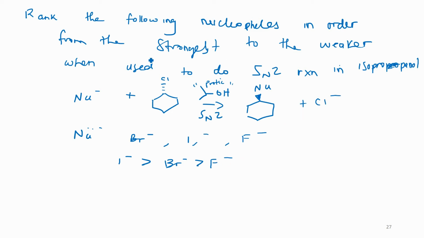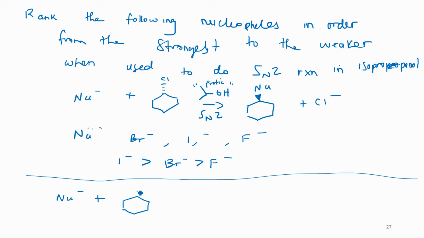So what if you're asked to do the same thing, but this time the solvent is DMSO? You have your nucleophile, you have the leaving group there, but now your solvent is DMSO. You're thinking SN2. Who wins? F minus. Correct, because DMSO is aprotic.